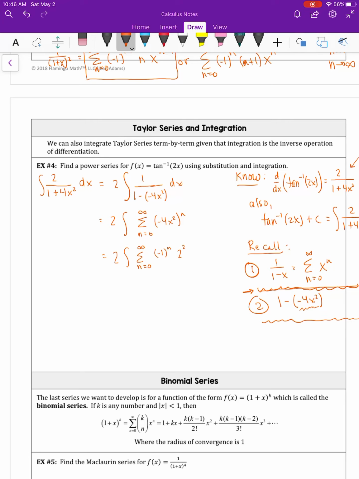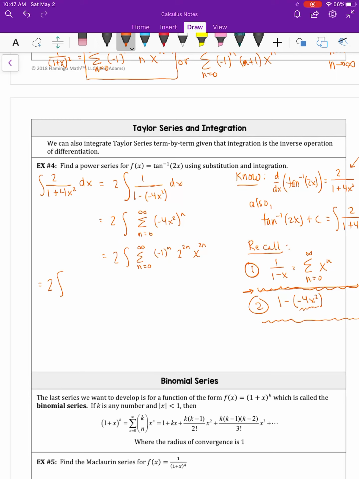So let's go ahead and do what we normally do here. We take our negative 1 to the n. Our 4 to the n, I'm going to make 2 squared to the n, which is 2 to the 2n. Okay, I hope everybody saw that. I don't think that's that big of a stretch, but the reason why we're doing that is because we got this 2 out in front.